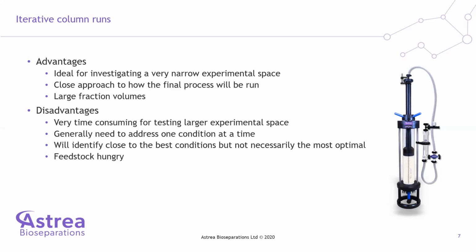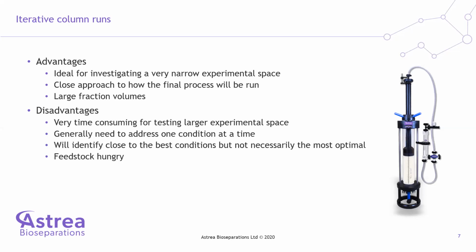result. It also means that you're not going to find the ideal response if it falls between the iterations that you're testing. So if you're upping in half pH units, and your ideal condition was at pH 6.7, you're going to be close at probably pH 6.5, but not on the optimal.